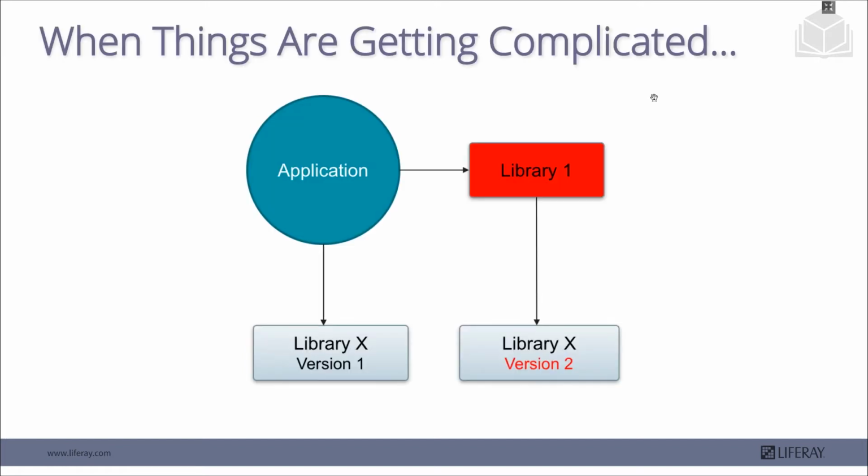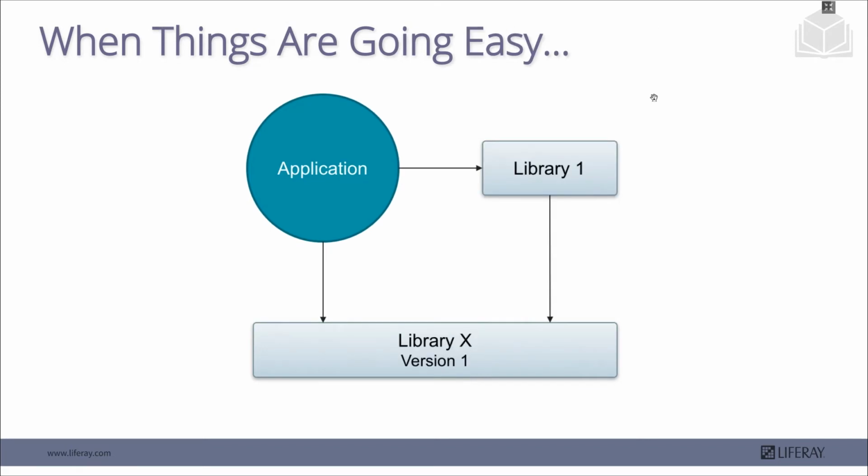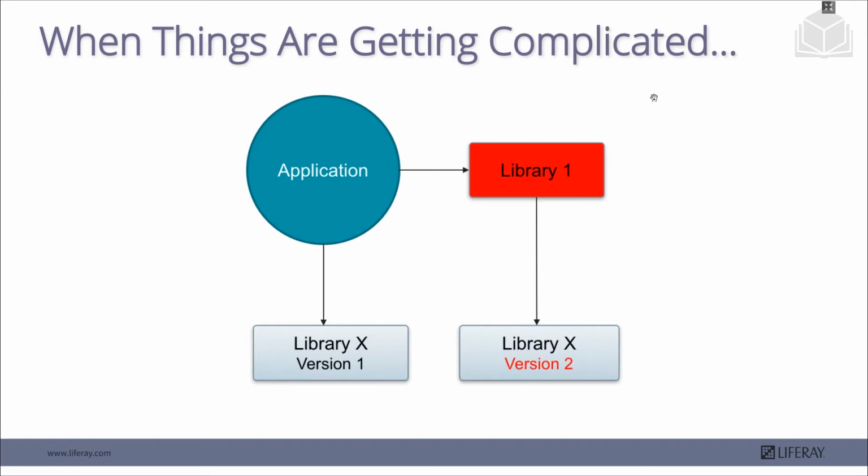But what if we have something like this, where we have an application that is dependent on library 1, and that same application also has a dependency on library X as well. In the previous slide, library 1 needs version 1 of library X. But what if something like this happens?